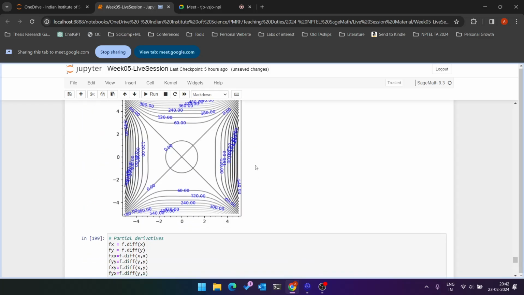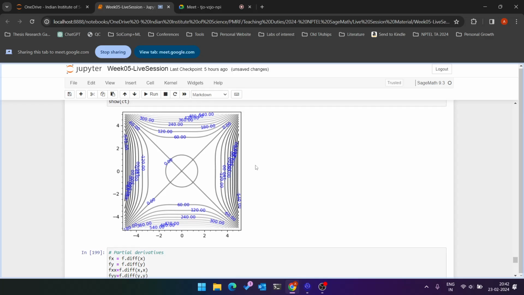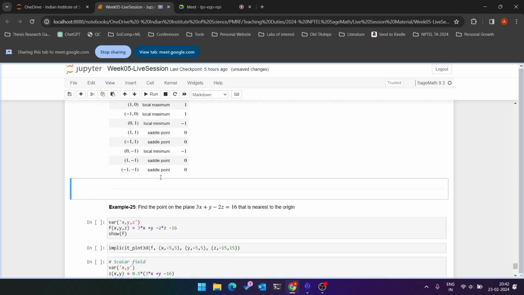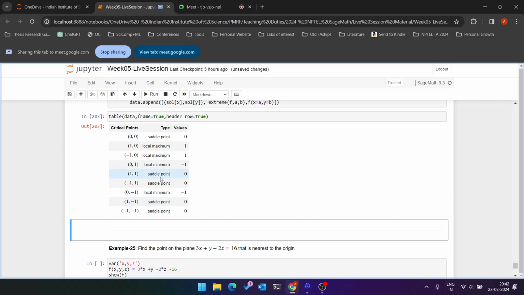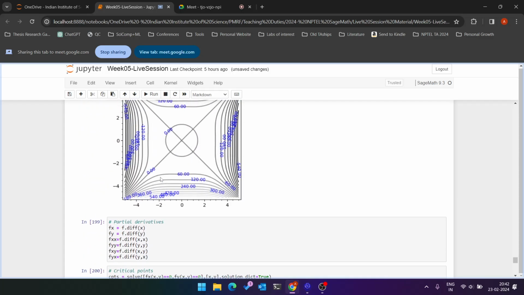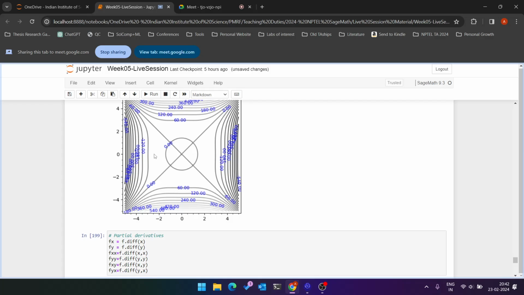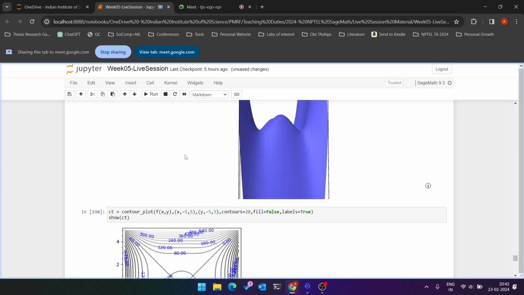If I go back to my plot, what I'm seeing is these are my 2 local maxima, these are my 2 local minima, and these 5, like 4 corners of that square and center of the square are my saddle points.